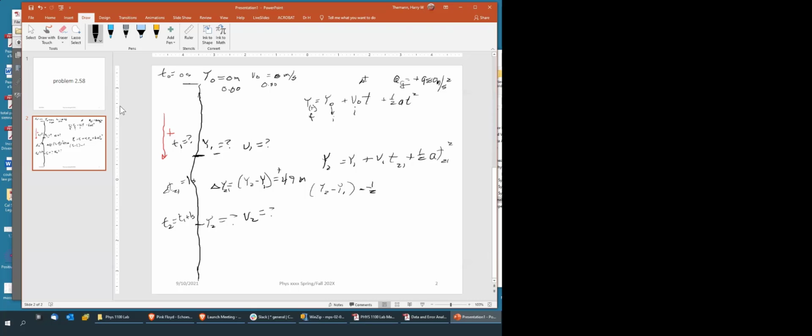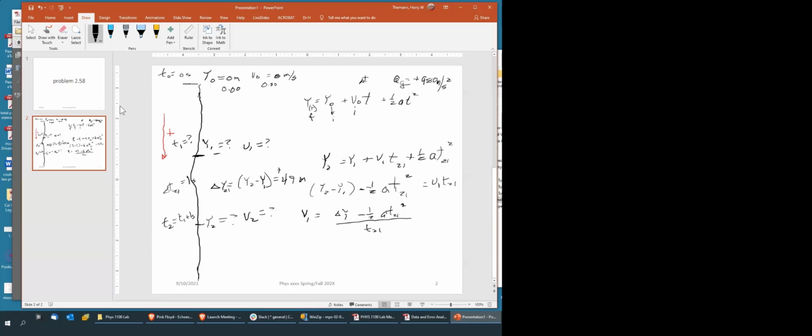Minus 1/2 a t21 squared. I put the minus sign in there, didn't I? Let me see. Yes, I did. Okay, so half a t21 squared equals v1 t21. So at the end of the day, v1 is my delta y minus 1/2 a t21 squared, over t21.